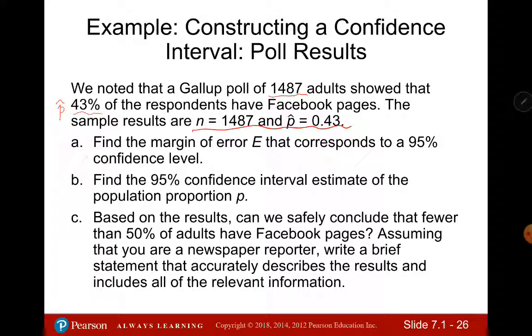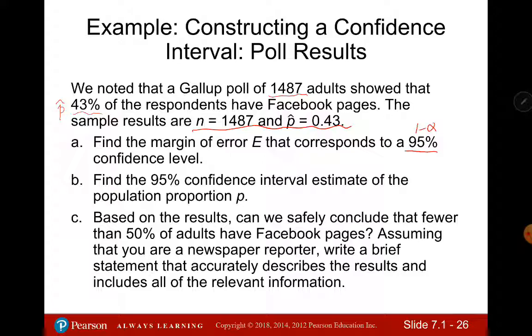So first question, A, we need to find the margin of error. And we know the confidence level, 95%. If we know the confidence level, this is another way to tell us the alpha level. When we talk about the margin of error, we know by the formula, we need to get the critical value first.